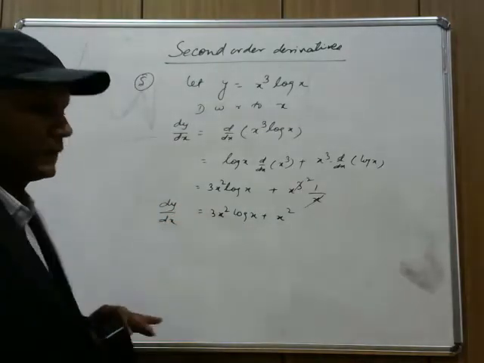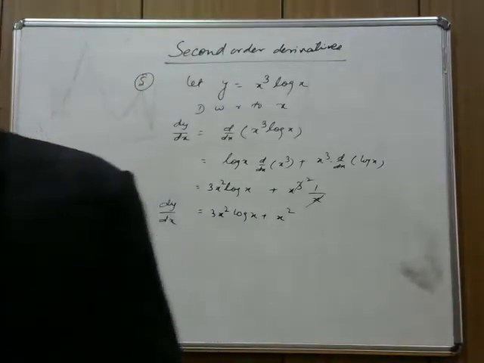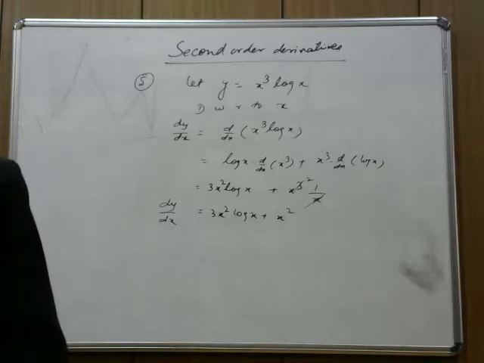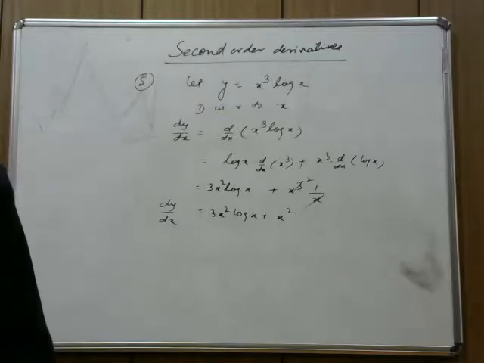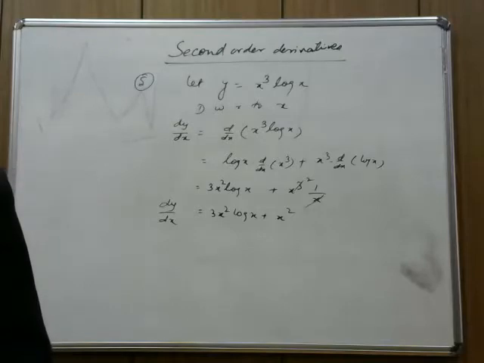The one-time differentiation of that is dy by dx is equal to x square plus 3x square log x.